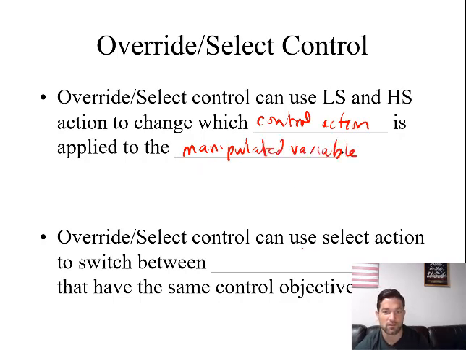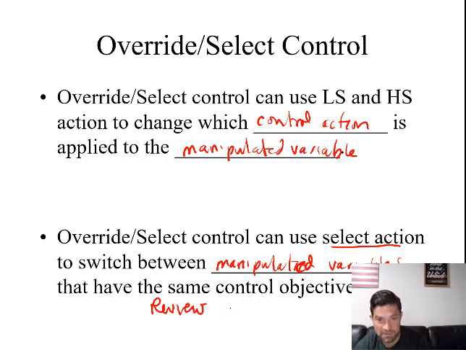So override select controls can also use what's called select action to switch between manipulated variables that have the same control action. So for now, I want you to review example 13.4.4 and discuss how this might work.